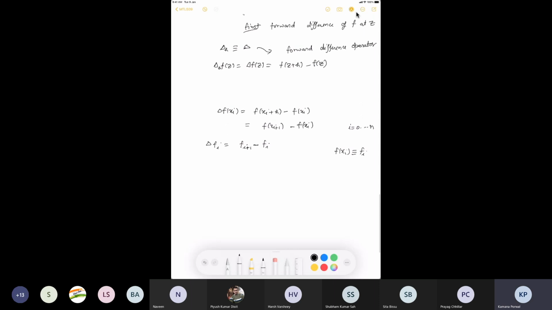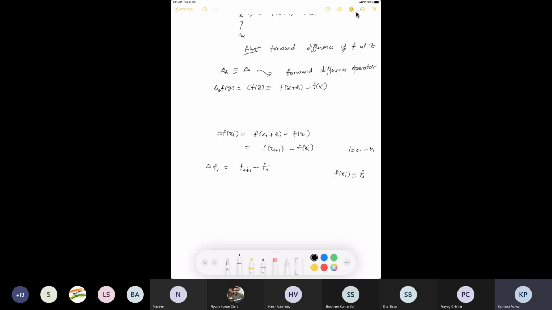So in general, for any integer r greater than or equal to 0, we can define delta^{r+1} f(z) as delta^r f(z + h) minus delta^r f(z).